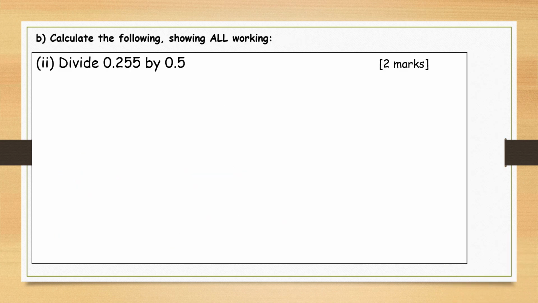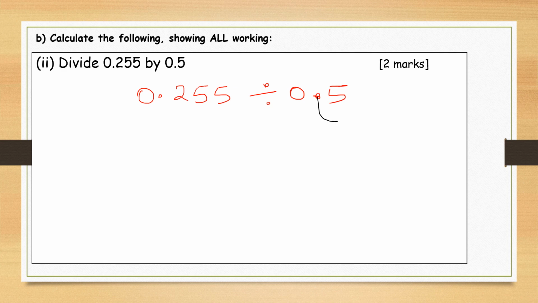Here we have divide 0.255 by 0.5. Let's rewrite that. 0.255 divided by 0.5. So we want to move the decimal point because we can't divide by 0.5. So we're going to make this a whole number.